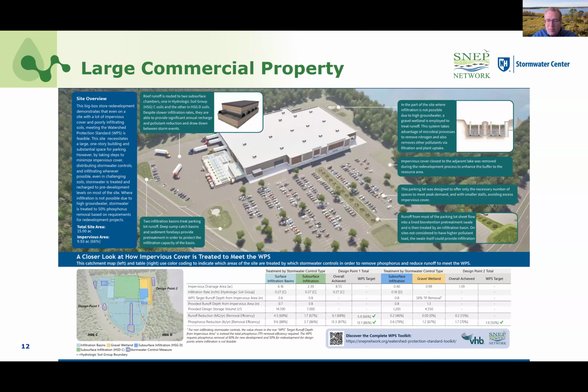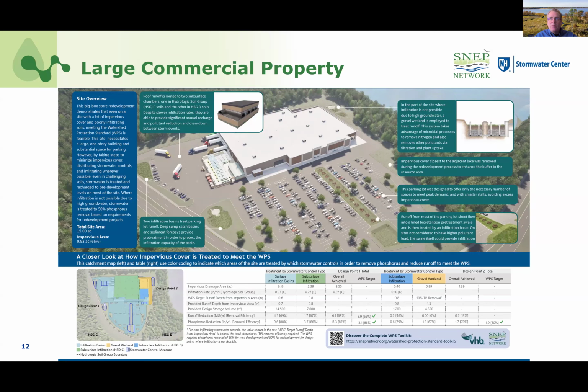For a large commercial property, again, the expectation is that overall you likely are going to have areas where you can provide infiltration, but here VHB introduced two different soil types.